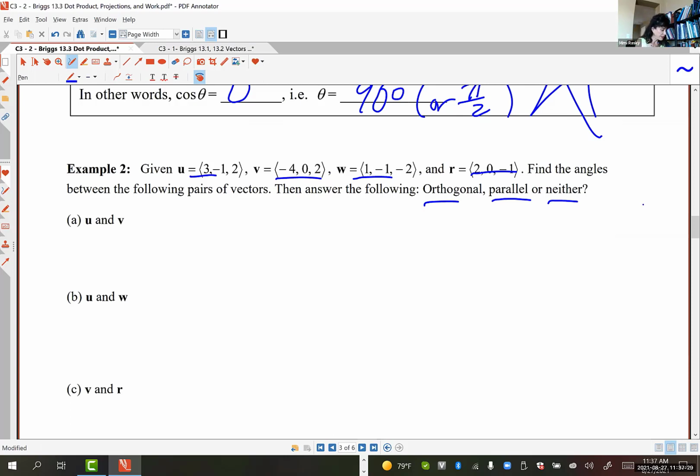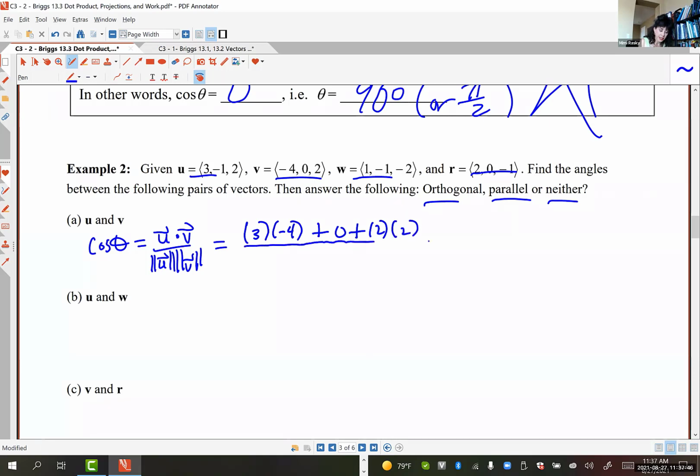Here we go, u and v. Well, the cosine of the angle between them will be the dot product of u and v divided by the product of the magnitudes of u and v. So let's see, I'm going to go 3 times -4 plus 0 plus 2 times 2 for the numerator. And that is all over the square root of 3 squared plus 1 squared plus 2 squared times the square root of 4 squared plus 0 squared plus 2 squared.